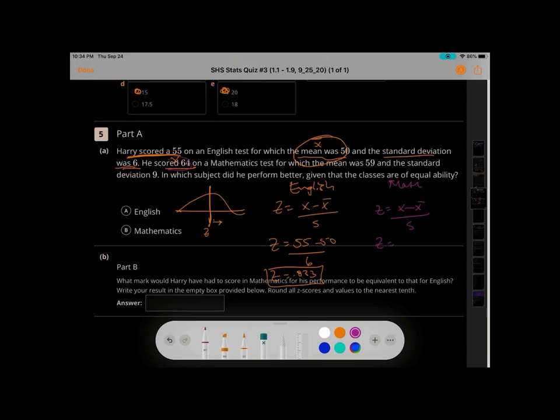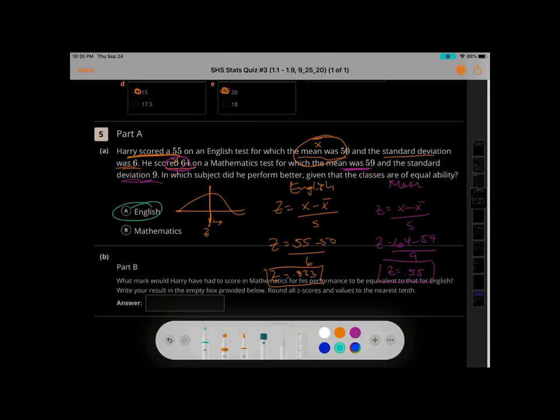Math, he scored a 64 minus the mean, 59, over the standard deviation of 9. So that'll give me 64 minus 59 is 5. 5 divided by 9 is 0.555. Which one is greater? English. Boo.